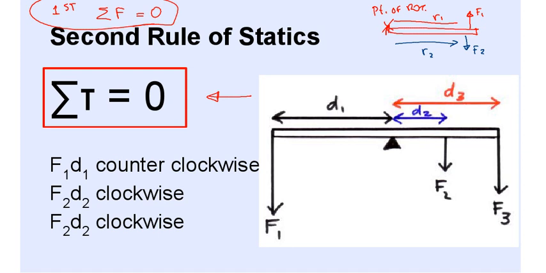Not the forces, but the torques. So I need to make sure that the sum of the torques equals 0, and my torque and your torque, we'll call those torque 1 and torque 2, have to equal 0. Notice that these are in opposite directions. If I come in here and draw a little coordinate system right here, I'm trying to rotate the door up, we'll say, in the positive direction, counterclockwise, whatever you want to call it.